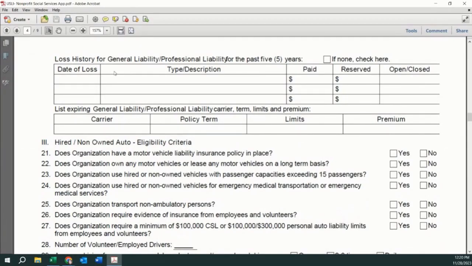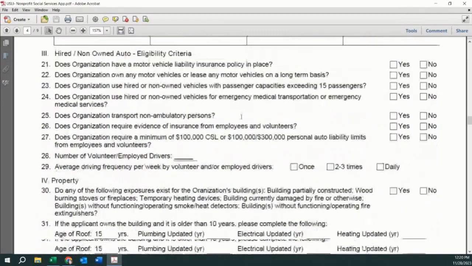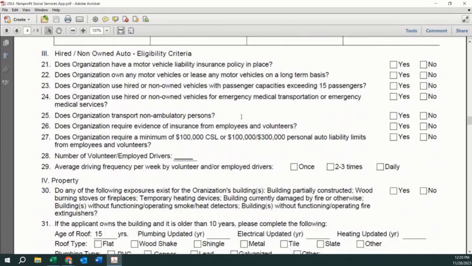Your history of loss, you're going to want to put here. This is for general liability and professional liability over the last 5 years. They're looking to find out if you have a history of that kind of stuff. Getting into hired non-owned auto eligibility: do you have a motor vehicle liability policy in place?